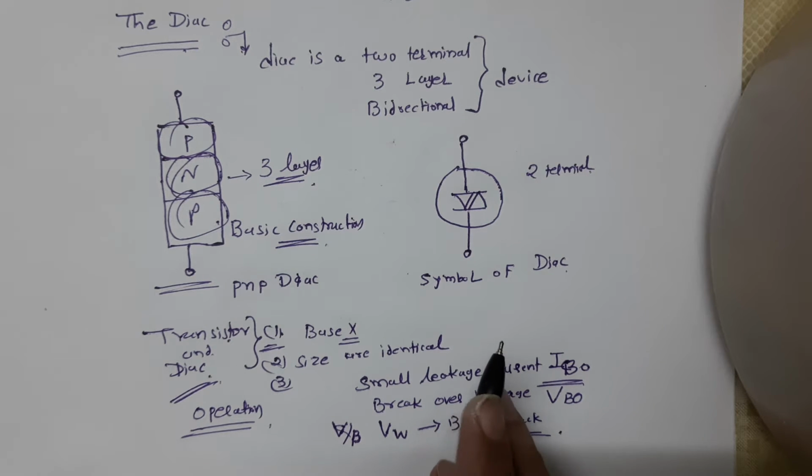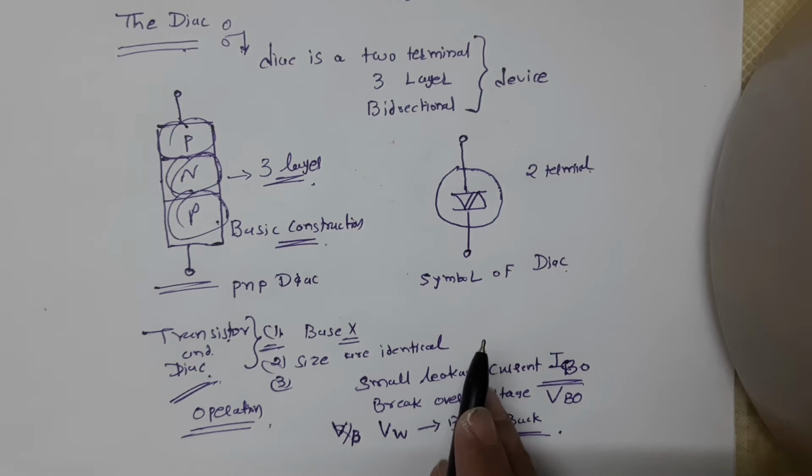As the applied voltage is increased, the leakage current will continue to flow until the voltage reaches the breakover voltage VBO. At this point, avalanche breakdown of the reverse bias junction occurs and the device exhibits negative resistance. What is the meaning of negative resistance?